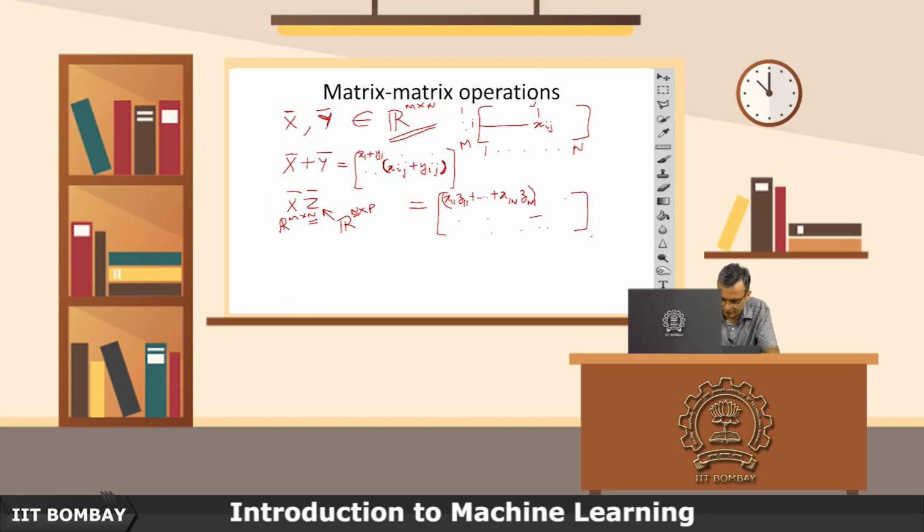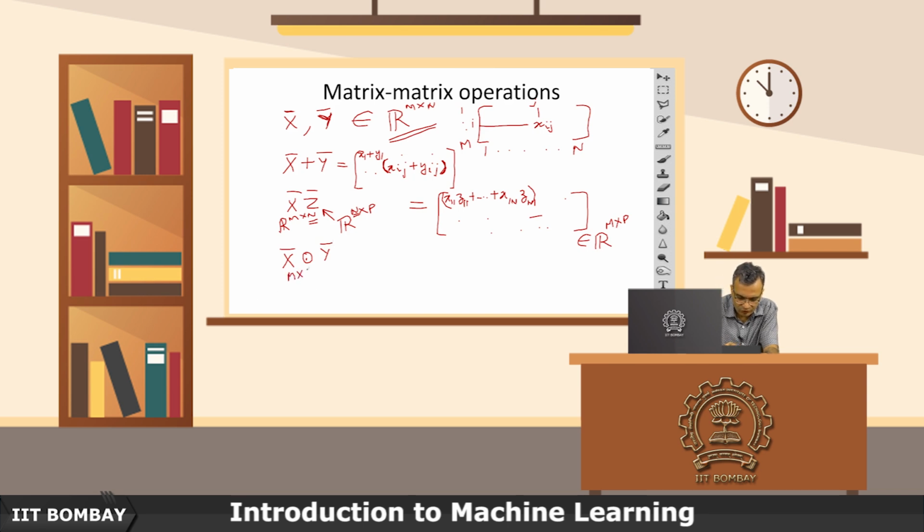So this product will belong to the set of real to the power m cross p. So it will have m rows and p columns. Now, similar to how we defined an extra operation for vectors, which was an element wise product, we will also define that for matrices. So we have X and its element wise product with Y, and here both of them have to have the same dimension.